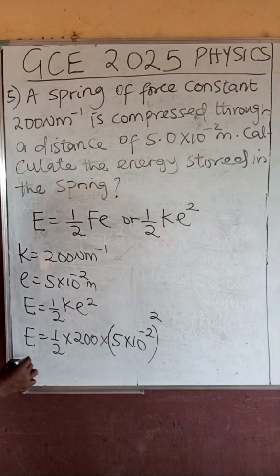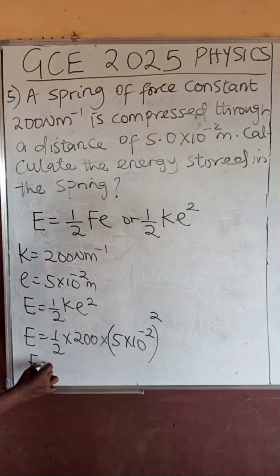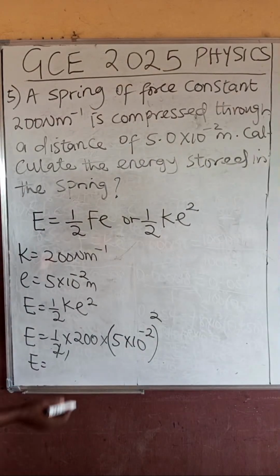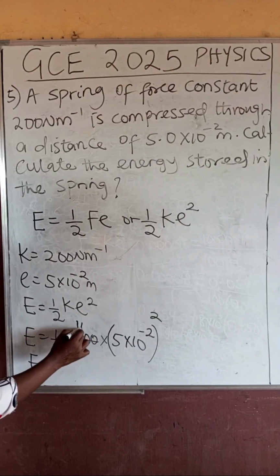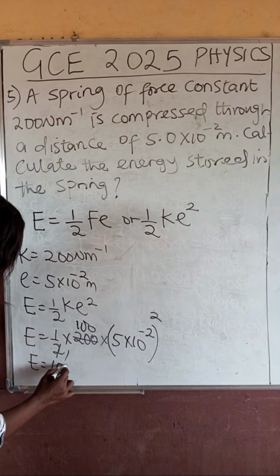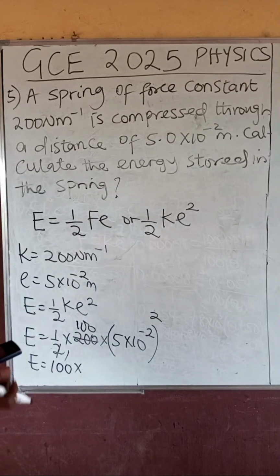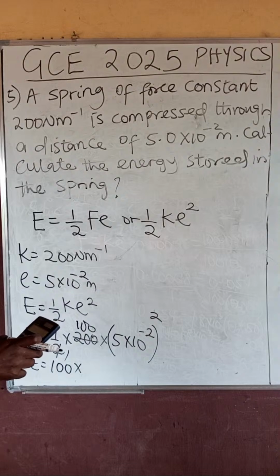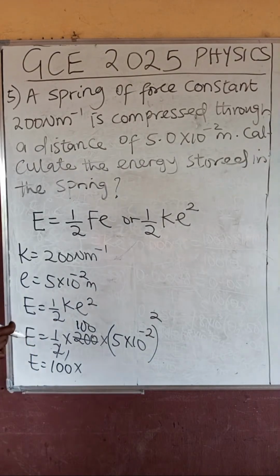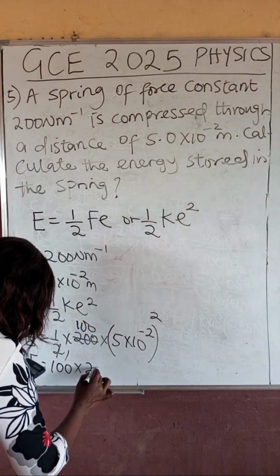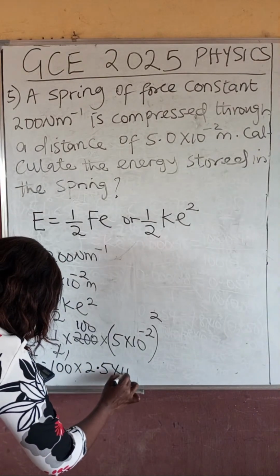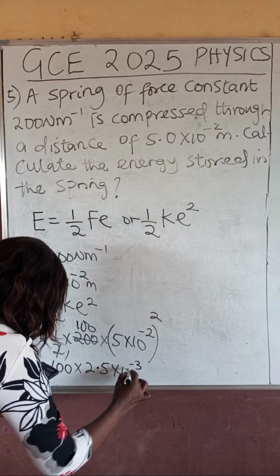So, I will say E is equal to, if 2 cancels 200, I have 100. So, this is 100 multiplied by 5 times 10 raised to minus 2, all squared. I'm going to have 2.5 times 10 raised to the power of minus 3.